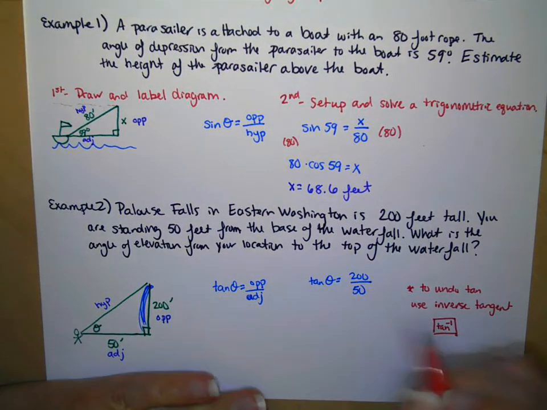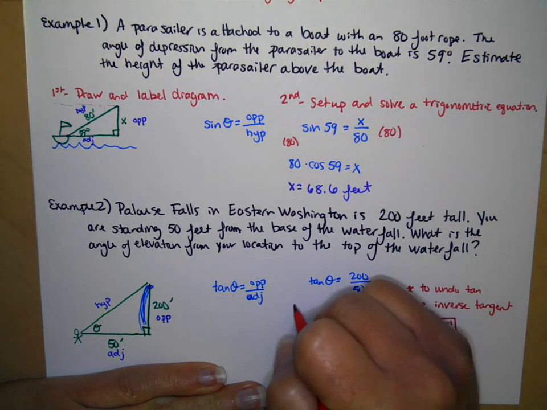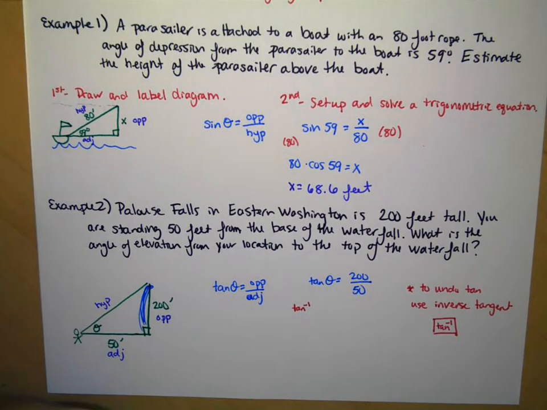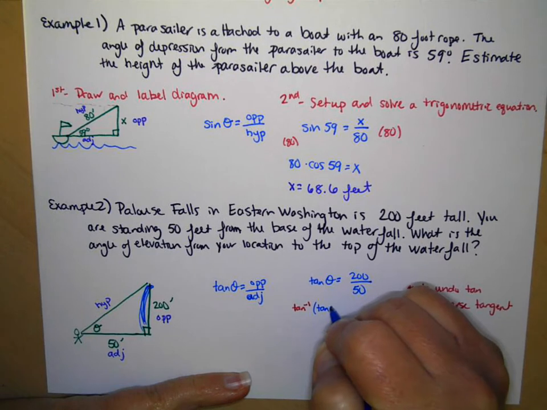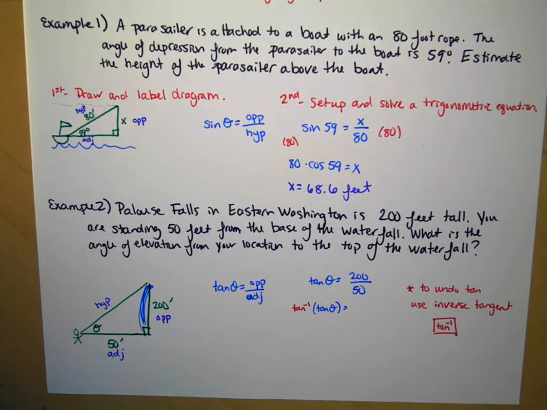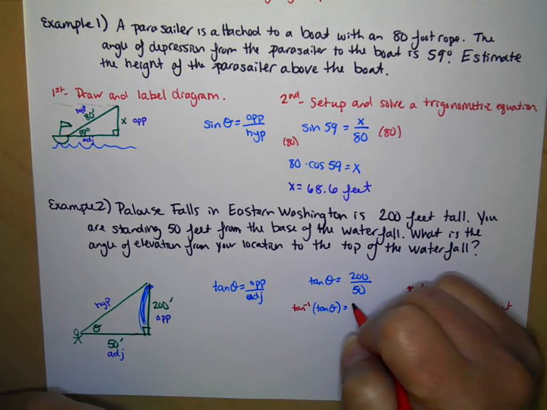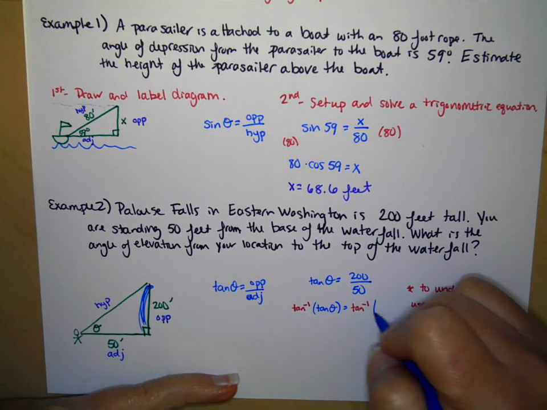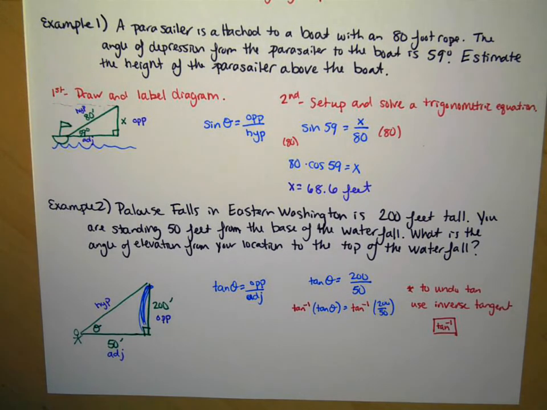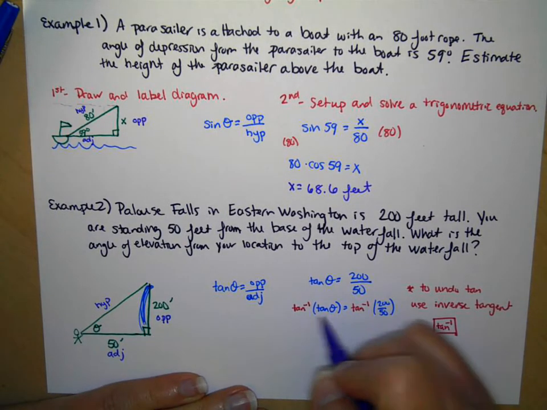So if we take the inverse tangent of each side, inverse tangent undoes tangent.